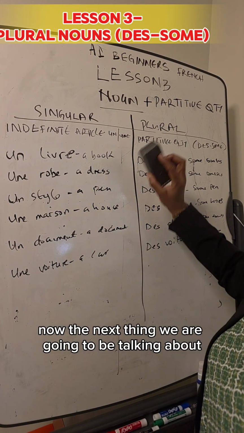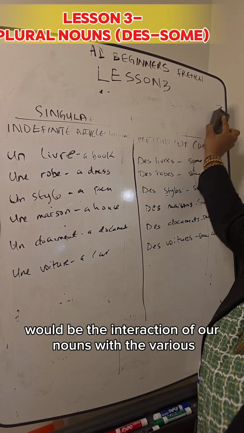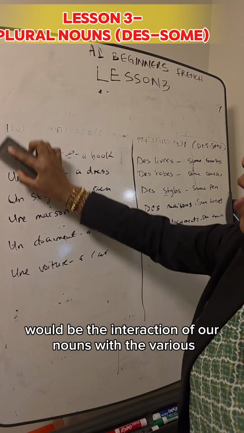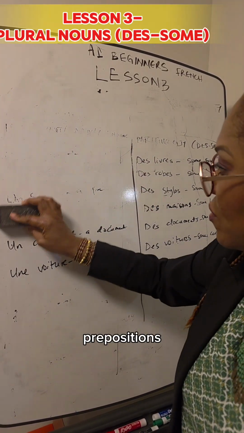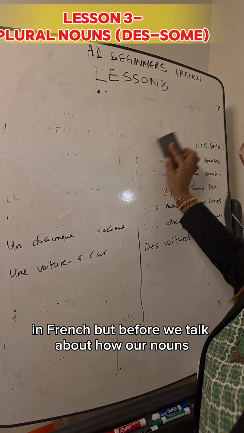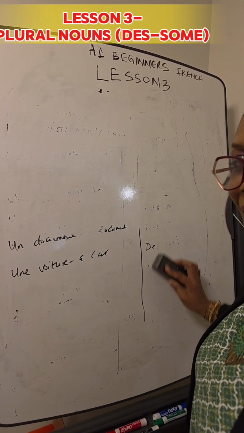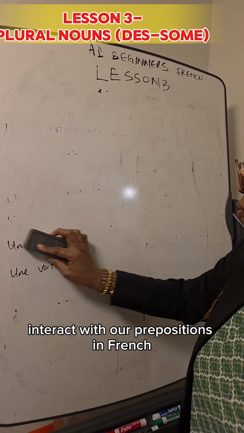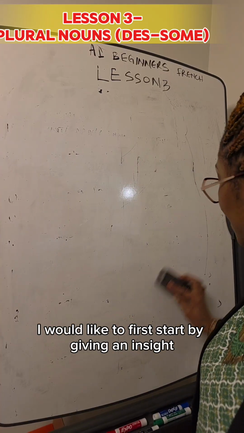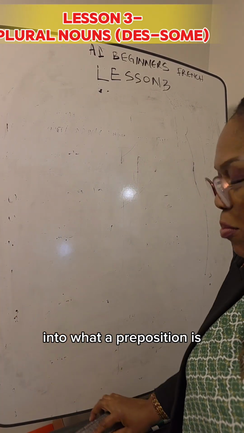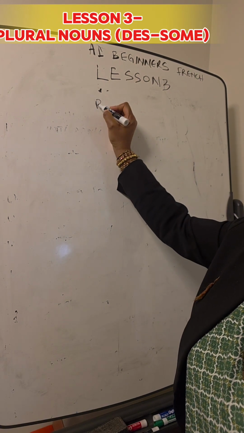Now, the next thing we are going to be talking about would be the interaction of our nouns with the various prepositions in French. But before we talk about how our nouns interact with our prepositions in French, I would like to first start by giving an insight into what a preposition is.